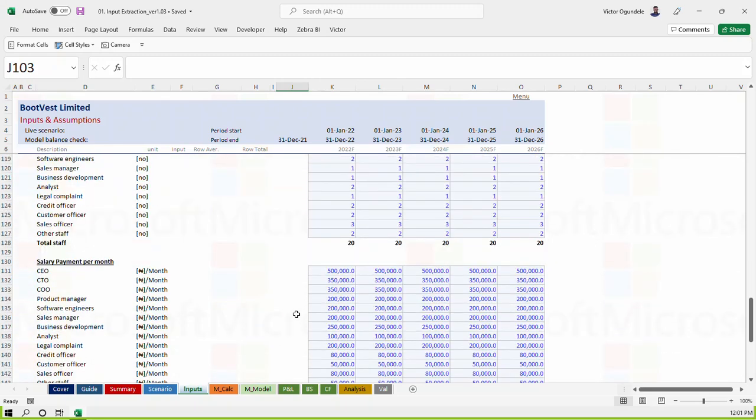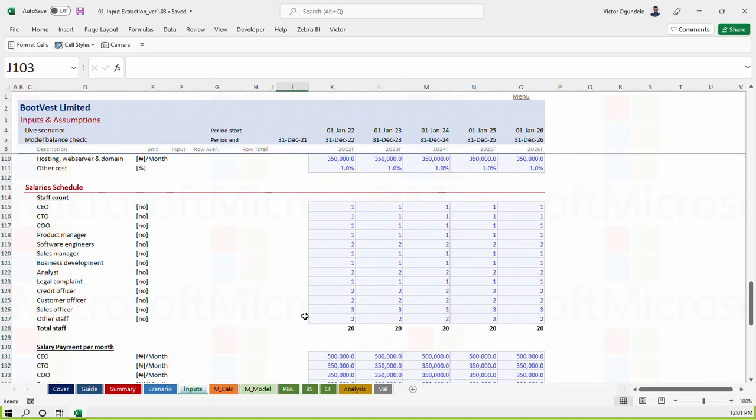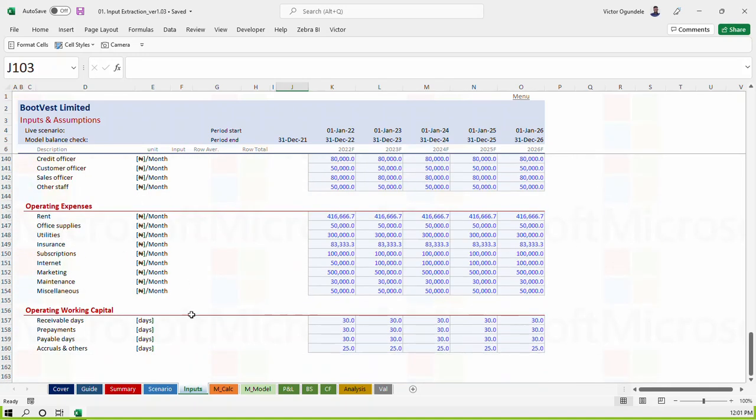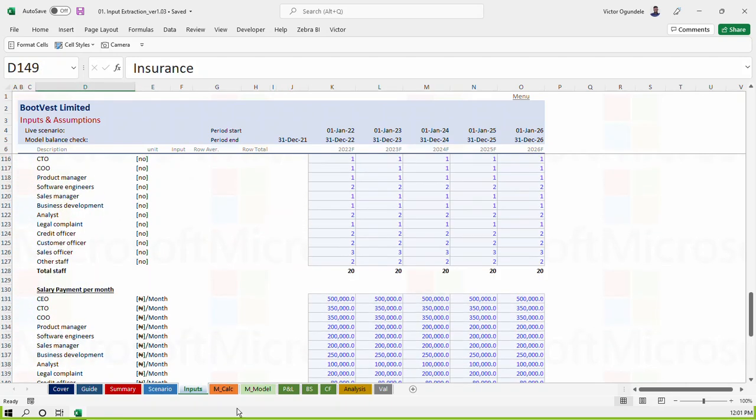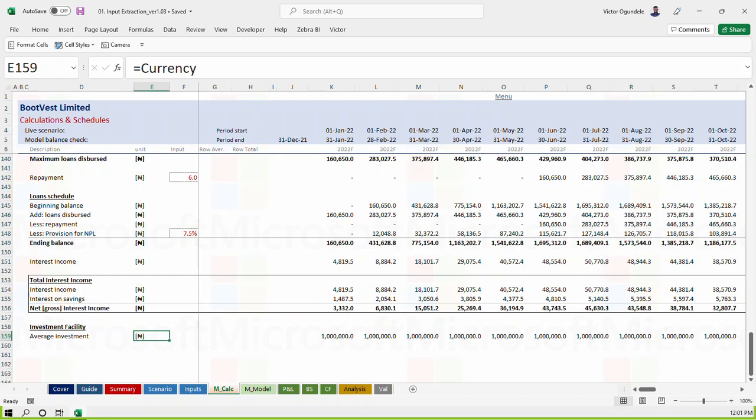Okay, we've included it already in our operating expenses. Since we've also made provision for non-performing loans, I think that's supposed to cater for it.